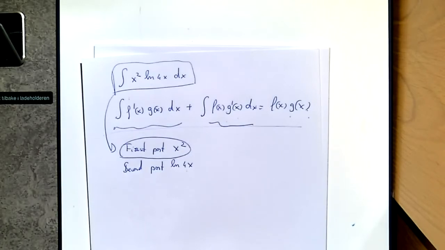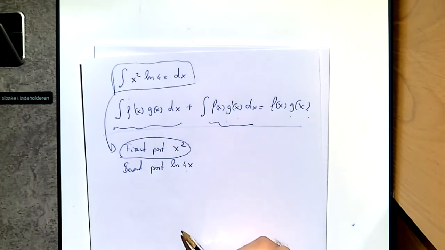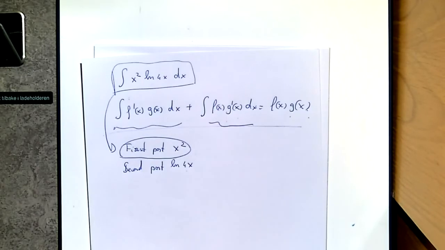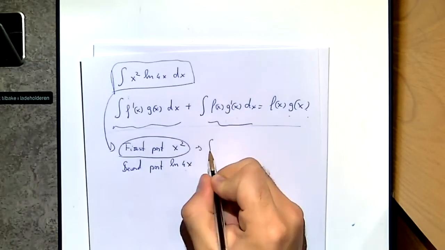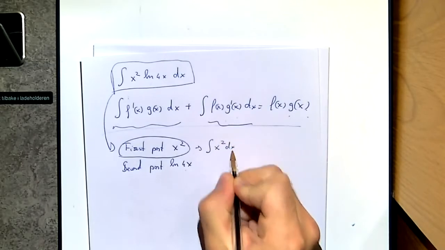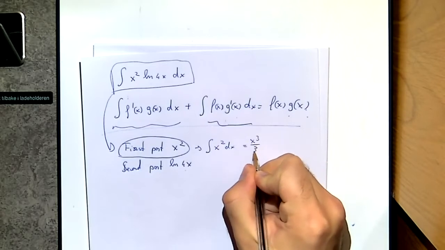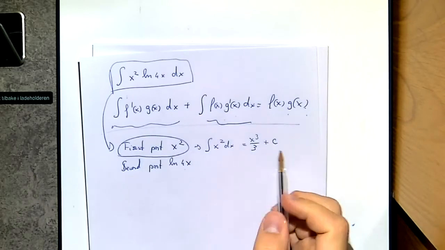You always take whatever works better in terms of computation. And in this case, x squared looks pretty good. So you choose one of these, whichever you want, and you compute the integral of that thing, dx. In my case, it's just x to the third over 3, plus a constant, but in this case we don't care about the constant.